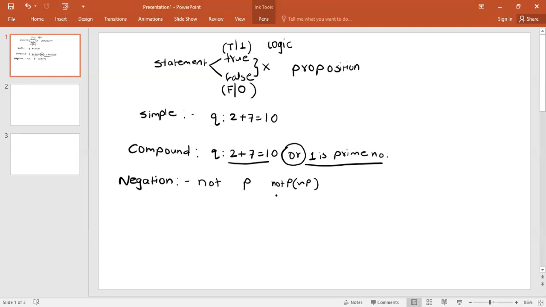So, what will be the table for p and negation p?